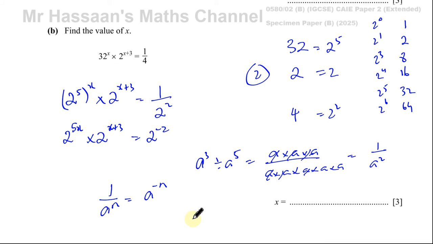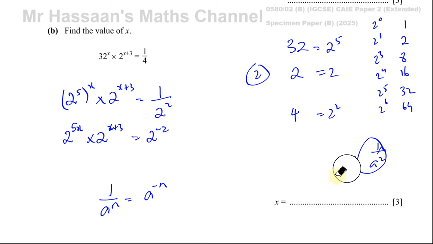And we also know that a to the power of 3 divided by a to the power of 5, from our understanding from before, is that we subtract the powers. So you have a to the power of negative 2. So a to the power of negative 2 is the same as 1 over a squared. That's a little proof for this law. So 1 over a to the power of n is the same as a to the power of negative n, and vice versa. You can switch it around as well.